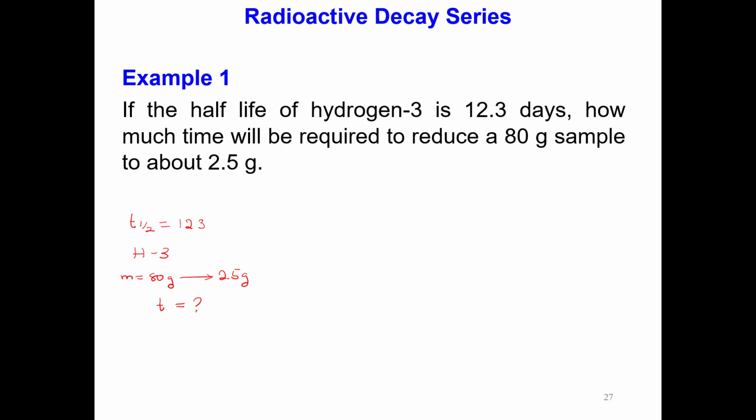Then what we will use now is the concept of half-life. We are not going to use an equation, just the concept. And we know this time is the time to reduce the sample in half, yes?